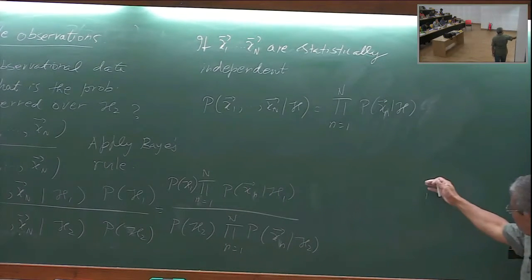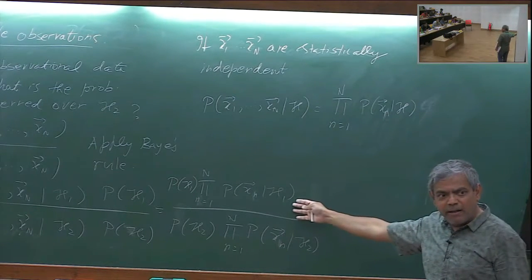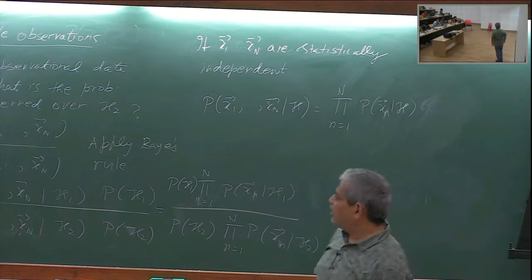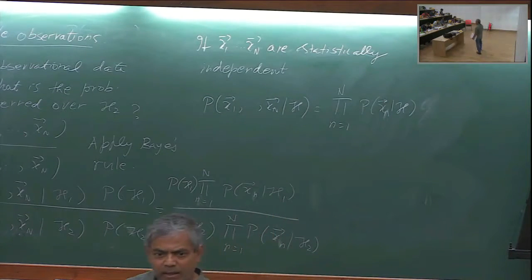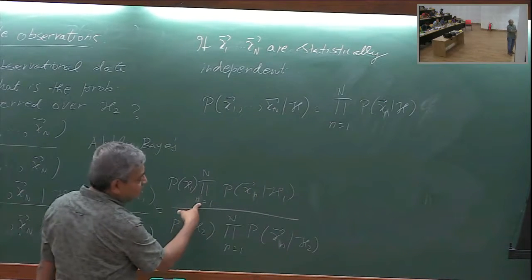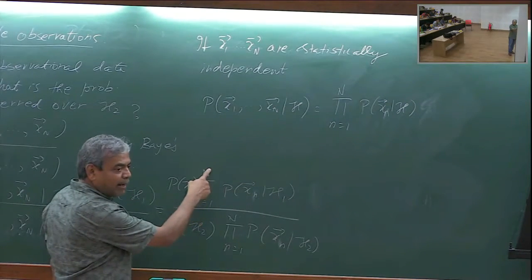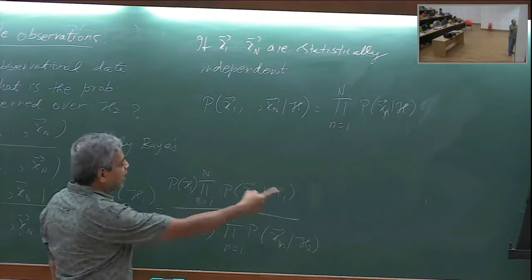The beauty of the Bayes theorem that I was mentioning is I can write these products separately. Each one of them is an independent one. I can factor this out as n going from 1 to n minus 1 and the remaining one.